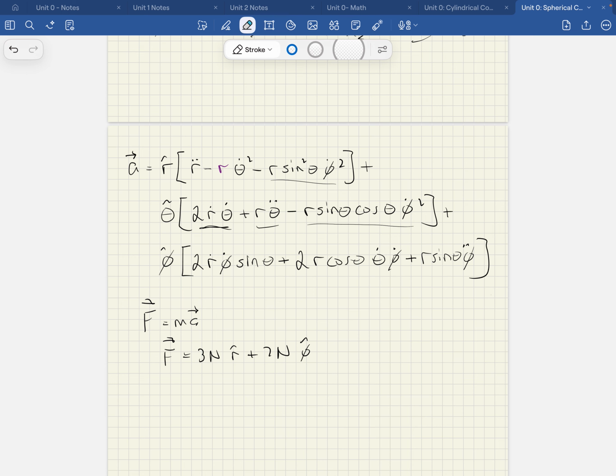That's going to give me several differential equations for r, theta, and phi. And you can imagine that those would be incredibly ugly. We can get those differential equations, but usually we're going to have to solve them numerically, because once I get that differential equation, it's usually not one that we can solve analytically unless it's a very simple situation. Okay, that is the end of spherical coordinates.